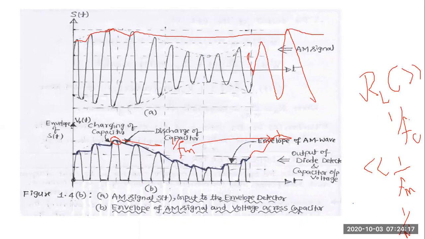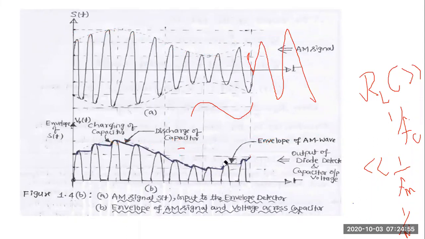It will miss out on all the subsequent peaks. If we keep it almost equal to the time period of the message, it will discharge very slowly so that it will track only the peaks, and I will lose all these points and not be able to get the shape of the message. So I'll miss out on the shape of the message if we don't satisfy this second condition.